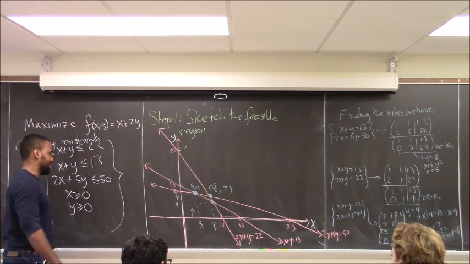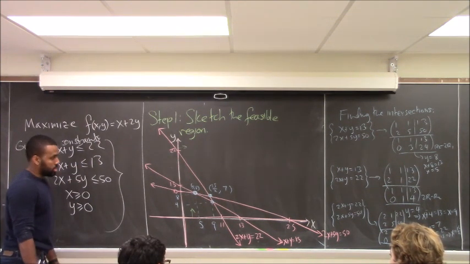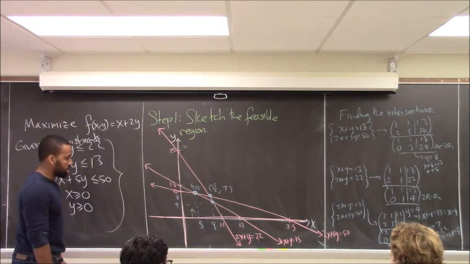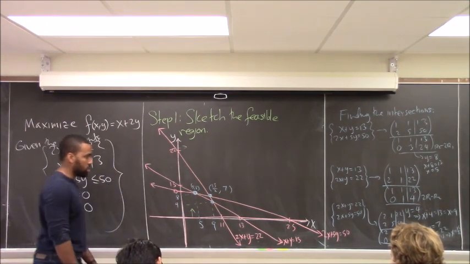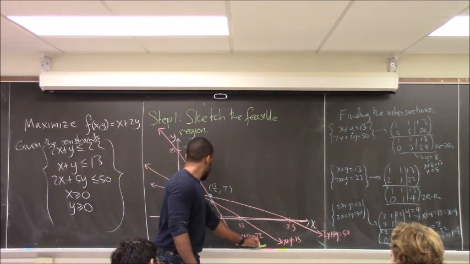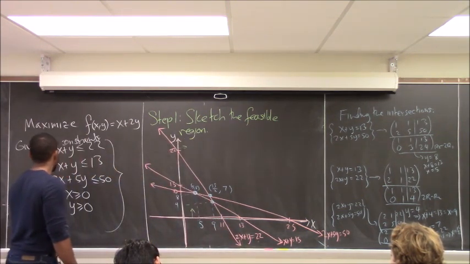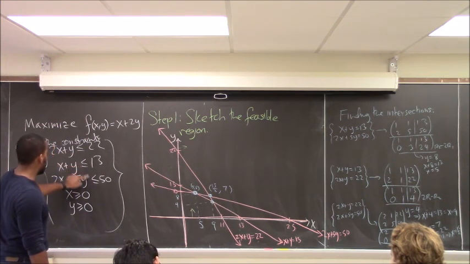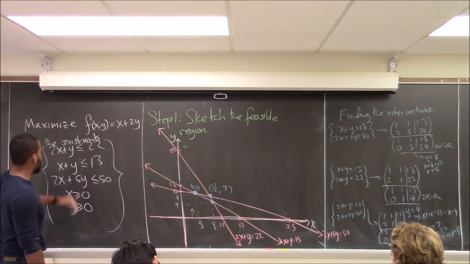Okay, so all those intersections in relation to each other look right, so that's the right picture. And now I'm going to figure out what is the feasible region. Now, these are all less than if I were to solve for the y, which means I need to be below all of these lines.